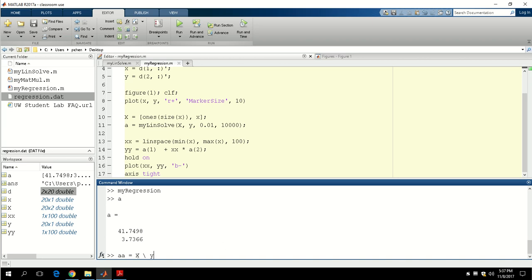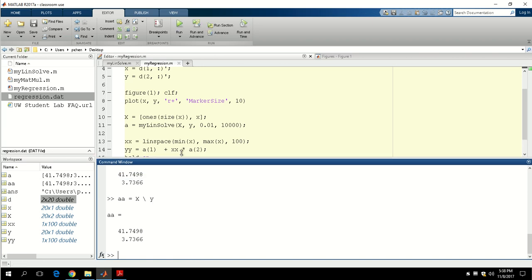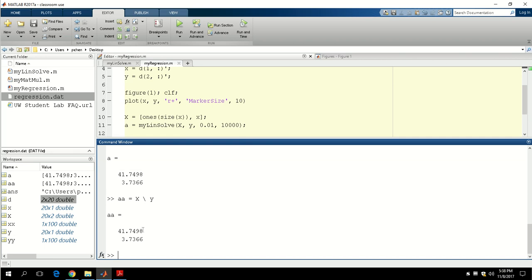So that's your x matrix, and then that's the y vector, and then you put a backslash between them, and then solve for it, right? So in this case, it's going to give us identical results basically. So a was computed using our own linear solver from matlab19, and then aa is computed by using Matlab's backslash operator, right? And the results are identical, at least to the significant digits displayed here on the command window, right?